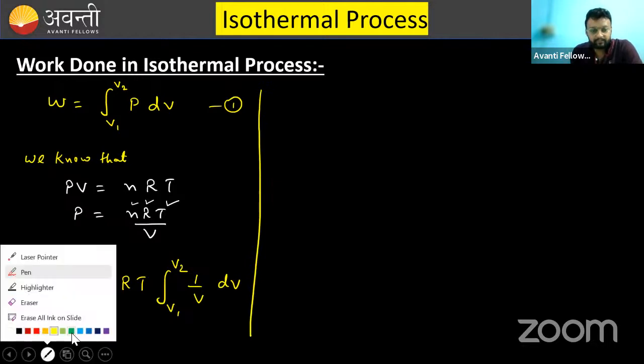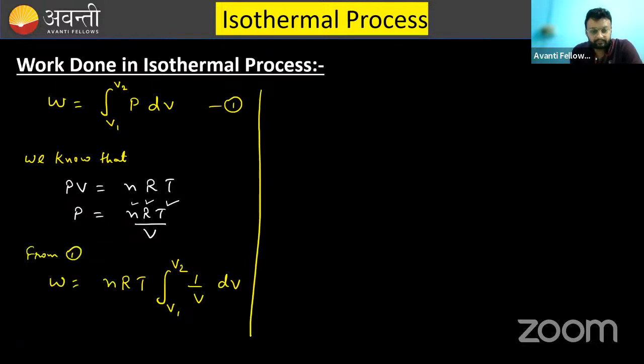Again, you can see work done is equal to nRT times the integration of 1 upon V, which is ln of V, from V1 to V2. Clear? Now I can put the limits.